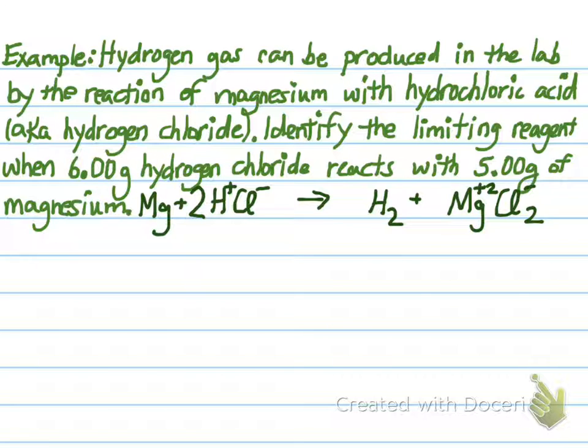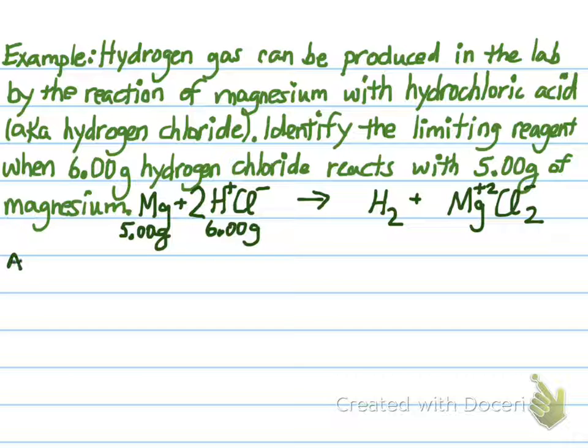Now, again, this problem says that I have 6 grams of hydrogen chloride and 5 grams of magnesium, and the first part here is just asking me to identify the limiting reagent. So again, remember, I have 2 options, right?